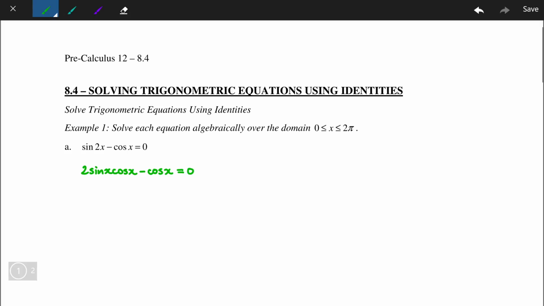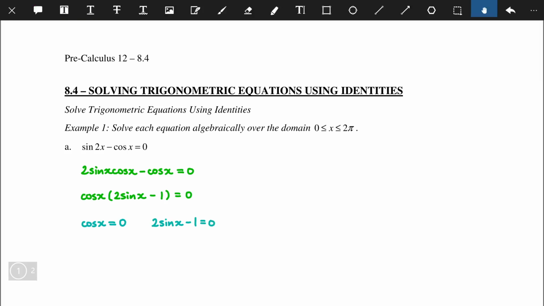So notice that in these two terms, we have a common factor of cosine x, so we can factor that out. So we have cosine x multiplied by 2 sine x minus 1 is equal to 0. Which means either the first part, cosine x is equal to 0, or 2 sine x minus 1 is equal to 0.